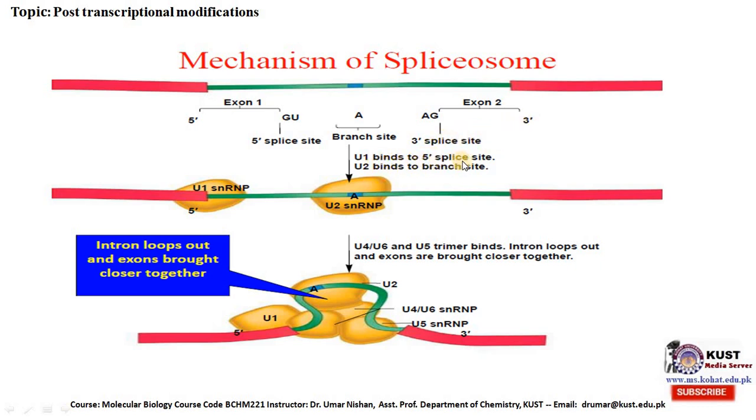U1 binds to the 5' splice site, U2 binds to the branch site. U4, U6 and U5 trimer binds the intron, it loops out, and exons are brought closer together. You see, the intron loops out and exons are brought closer together.